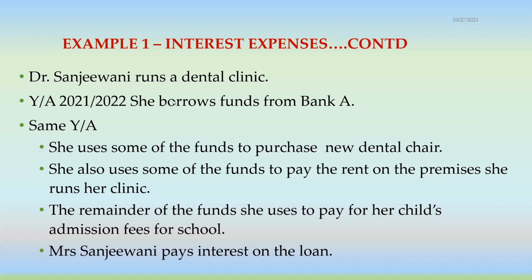She still has to pay interest for the year of assessment 22-23, but that asset is not with us. We have already sold it. So what would be the tax treatment? Can she deduct that interest expense for the year of assessment 22-23?